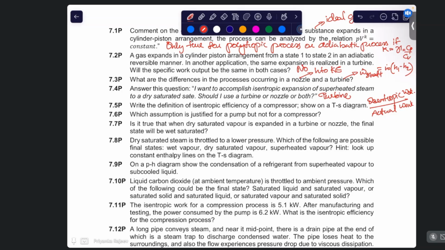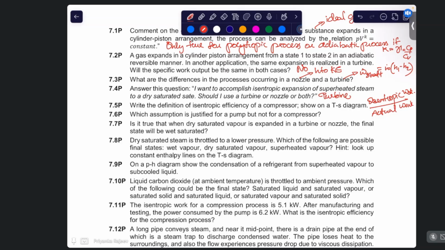So V is almost constant, or delta V is negligible, so the PdV work is 0. Then for a compressor, the working fluid is considered to be compressible, so we cannot assume delta V equal to 0.